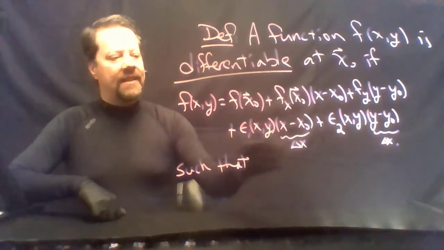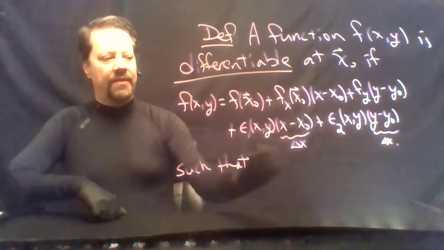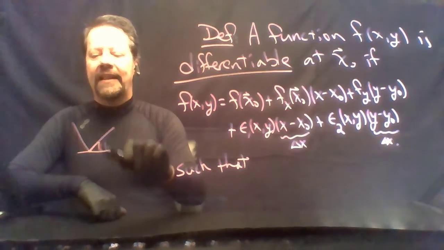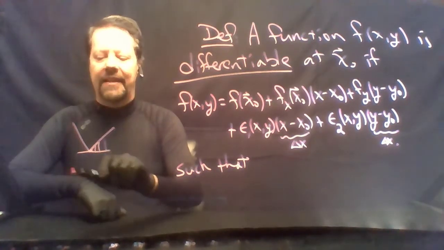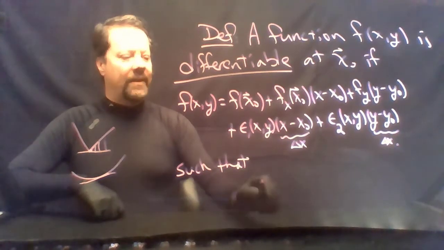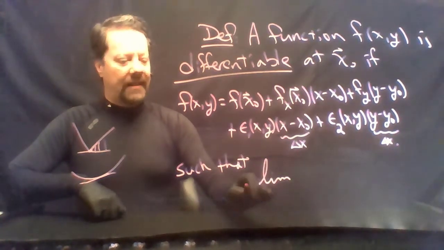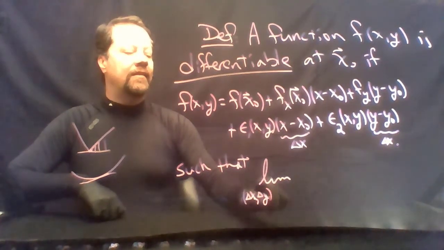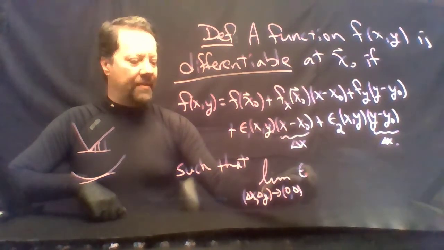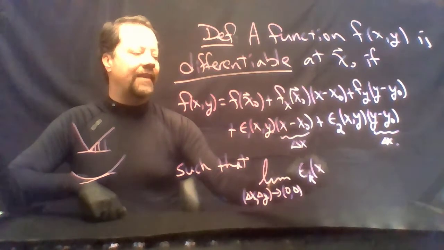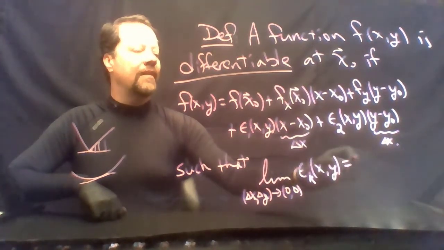We need these errors to go to zero fast. If the errors go to zero at a linear rate, that's not good enough. It has to go to zero at a rate faster than linear. We need the limit as delta x, delta y goes to 0, 0 of epsilon sub k of x and y is 0.